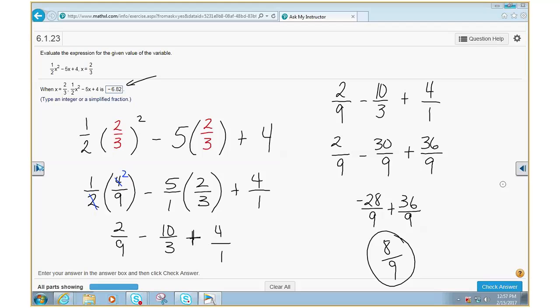I'm not talking about this class, I'm talking about my calculus class. I see students reaching for a calculator to multiply 1/3 times 4/5. That's ridiculous. Okay? That's your answer, 8/9.